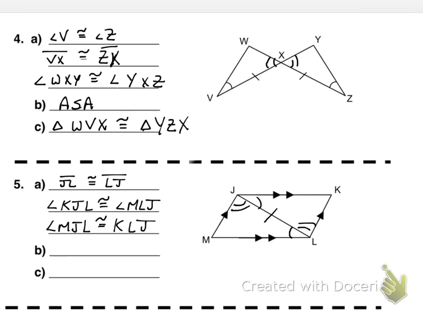And so what we have, looking at the diagram, is an angle, side, angle congruency. So we have angle, side, angle, which then tells us that triangle MJL is congruent to triangle KLJ. Now this angle, side, angle, that is called a postulate.